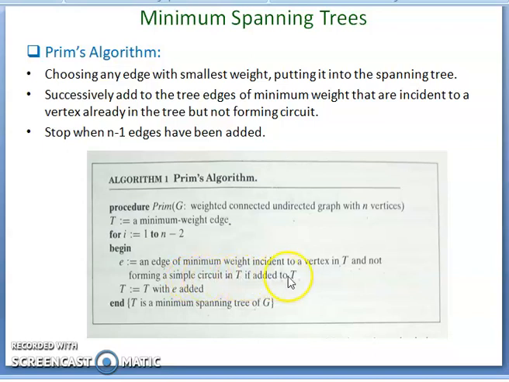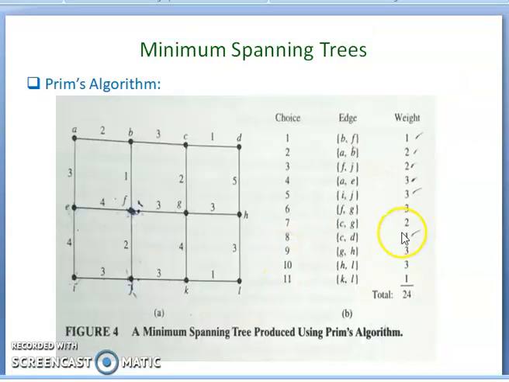You consider it and add it to T. Like that you will get up to the n minus 2, because you already took one edge before entering into the loop. You already took the minimum weight edge. So 1 is there, of the remaining n minus 1, you take n minus 2. The loop repeats n minus 2 times. So that's why the for loop repeats n minus 2 times to identify the n minus 2 edges. So this is the minimum spanning tree.